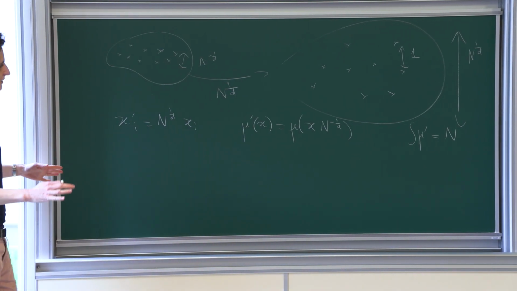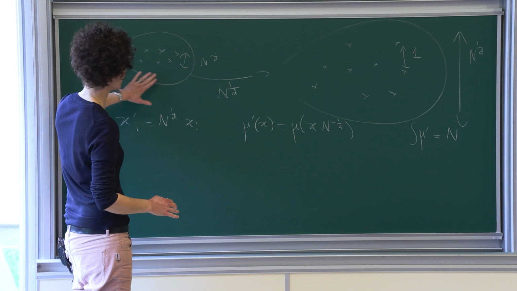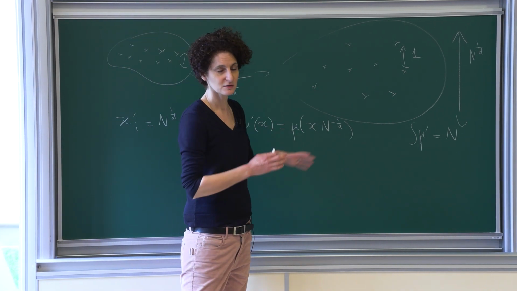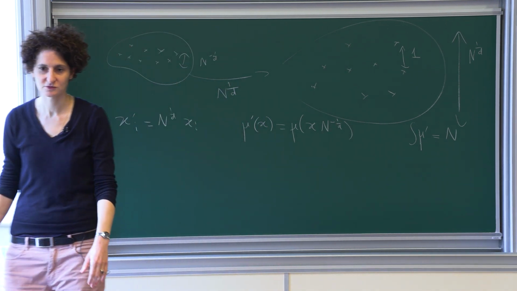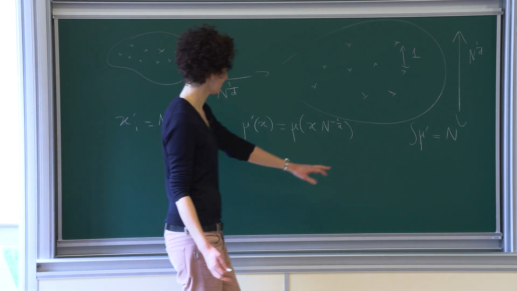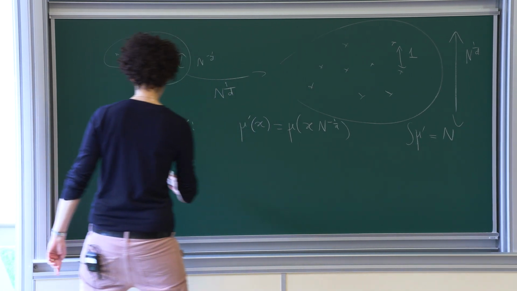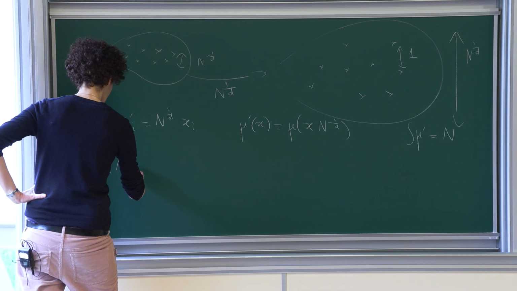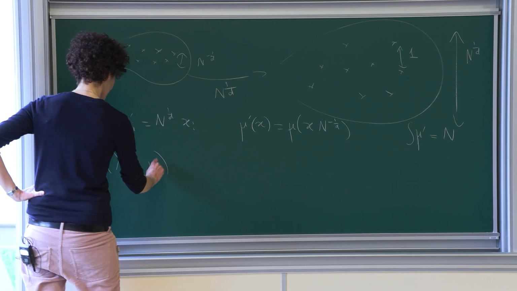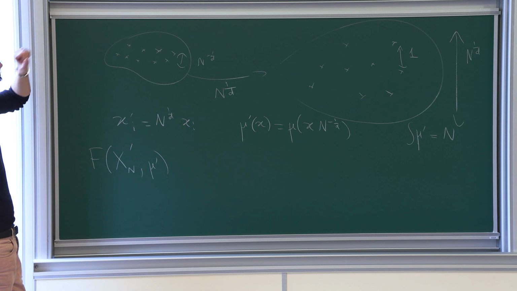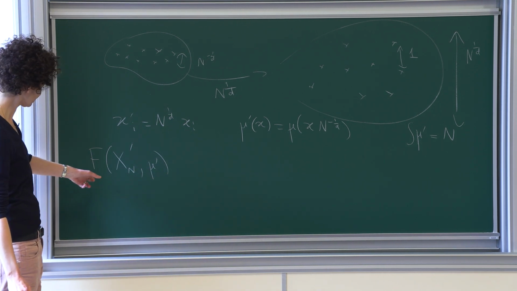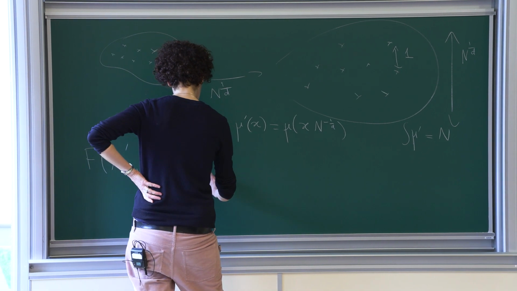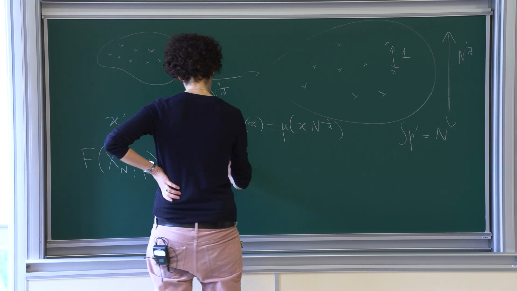So if the equilibrium measure here was density 1, this thing is also density 1, but it's much more extended. So the total mass is n. And we can define a blown up version of the energy F_n. Here I don't put an n on purpose because the definition doesn't really use the n in the same way.